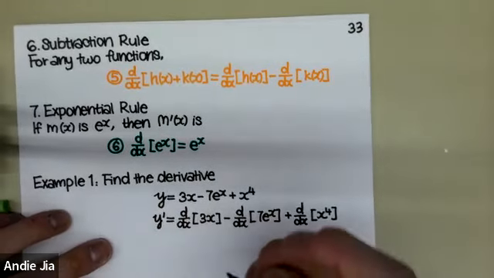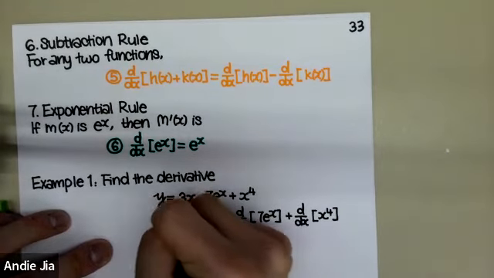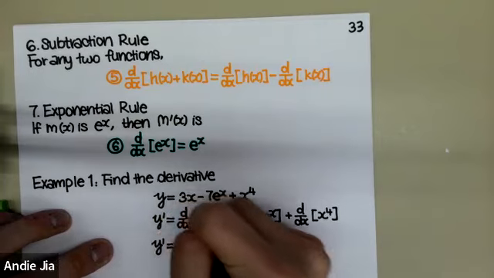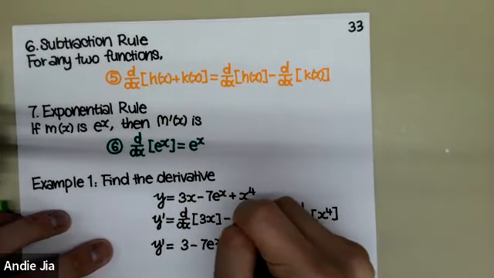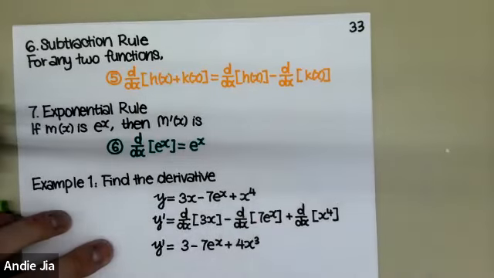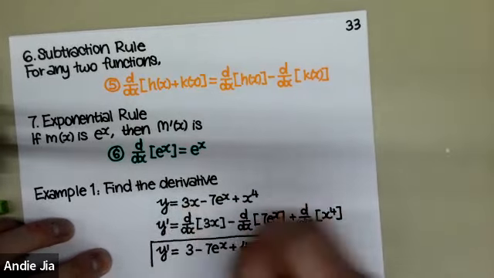And we have the notation y prime, it is 3 minus 7e to the x plus 4x cubed. That is the derivative of the function.